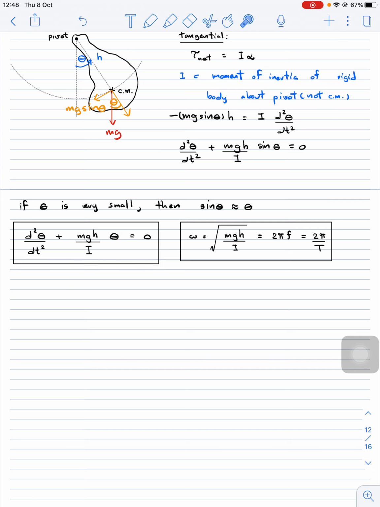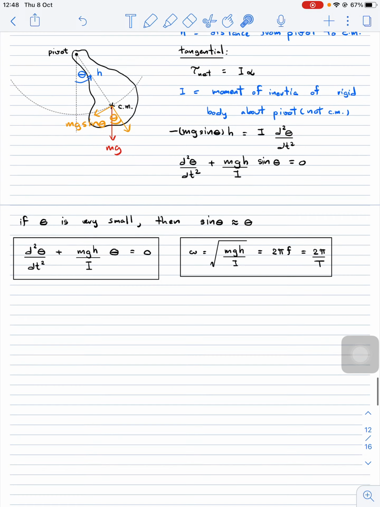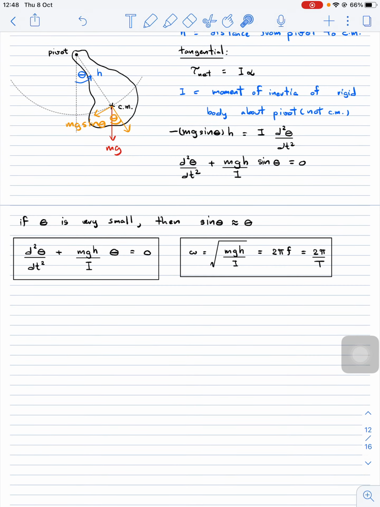Then we get omega equal to the square root of mgh over I, which equals 2 pi times the frequency, which equals 2 pi over the period T.